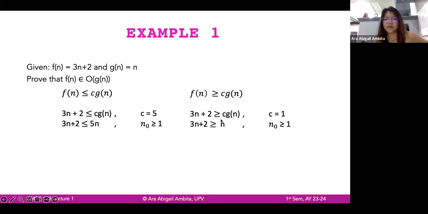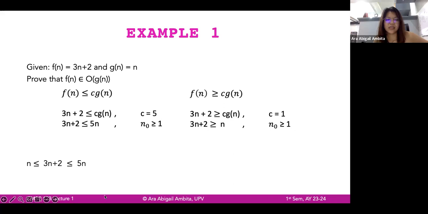Now, 3n plus 2 is greater than or equal to c g of n, wherein c g of n is n, by using the constant 1. Okay? And if we replace this with, let's say, 1, and n naught is greater than or equal to 1, so 5 is greater than or equal to 1, and this will always be true for n naught greater than or equal to 1.